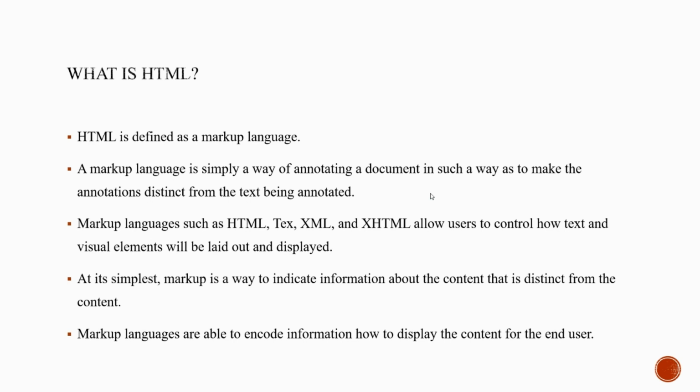Markup languages such as HTML, TeX, XML, and XHTML allow users to control how text and visual elements will be laid out and displayed. At its simplest, markup is a way to indicate information about the content that is distinct from the content. Markup languages are able to encode information from the content for the end users.